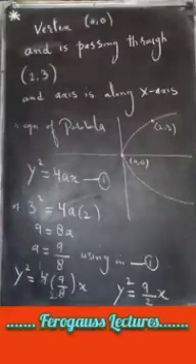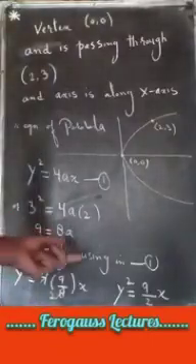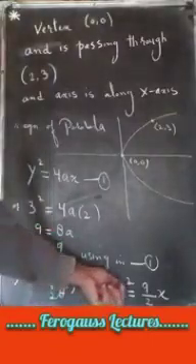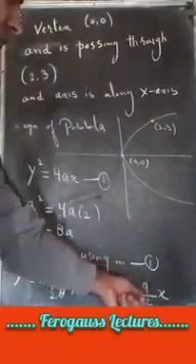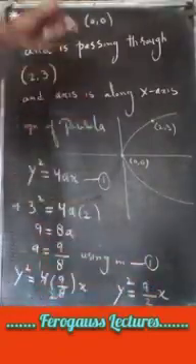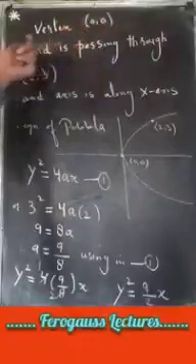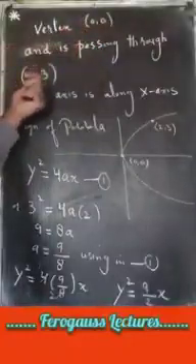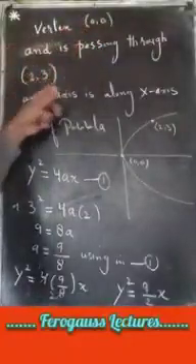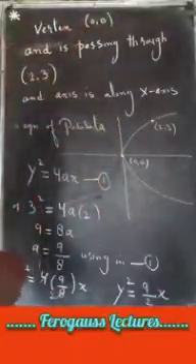So that completes the question. Therefore the equation of the parabola is y square equal to 9 by 2x when the vertex is at origin and the parabola is passing through the point (2, 3) and its axis is along x-axis.